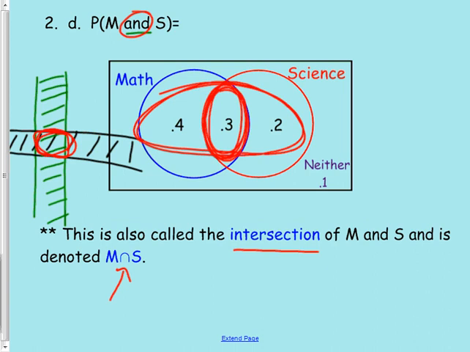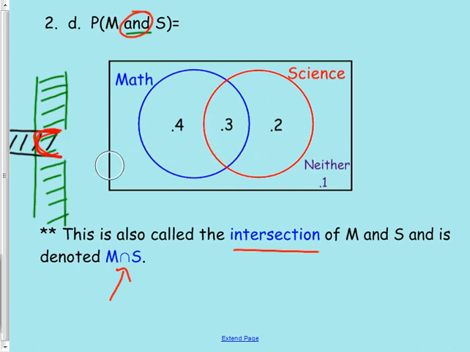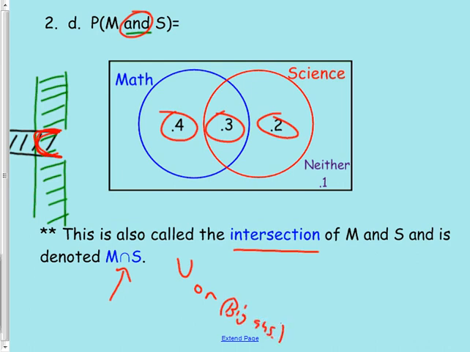So, if I said, what's the probability I'm going to get a kid who has math or science? Then I would add up this, and this. Or means big answers. And the symbol for that is not an intersection like this. It's a U for union. So this means or, and it gives you a big answer. This means intersect, which is like and, and it means a small answer.